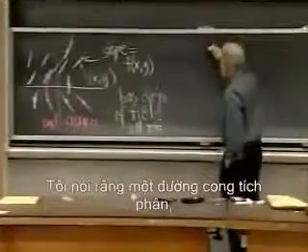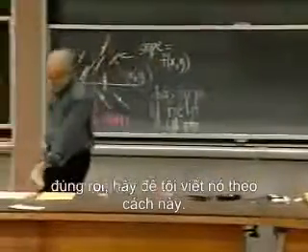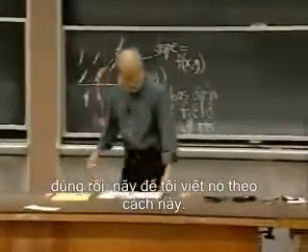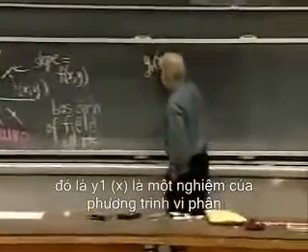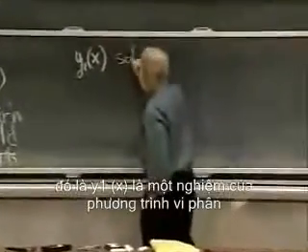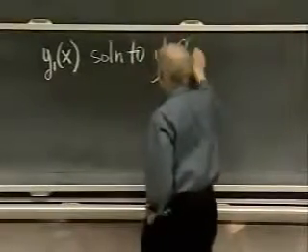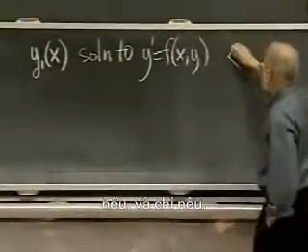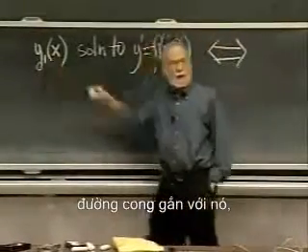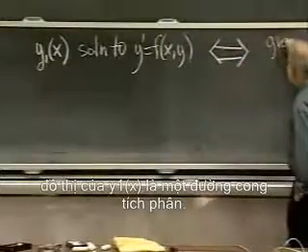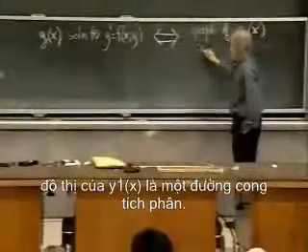So what am I saying? Let me write it this way. I'll make a little theorem out of it. That y1 of x is a solution to the differential equation if and only if the graph, the curve associated with this, the graph of y1 of x, is an integral curve.